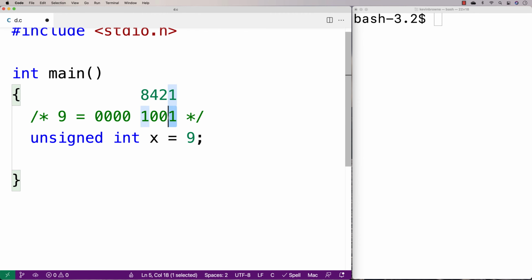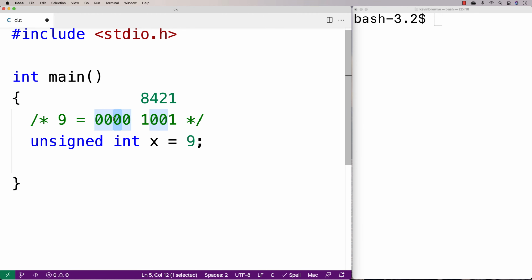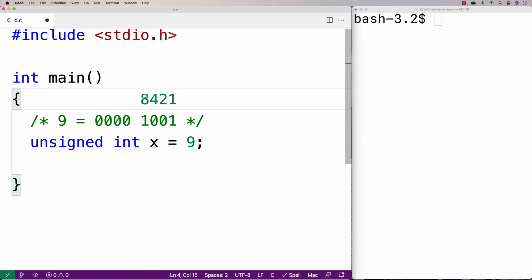And so each one of these digits in this number represents an increasing power of 2. And the way that 9 gets represented is we have the 2 to the power of 3 digit turned on, which is worth 8, and the 2 to the power of 0 digit turned on, which is worth 1, and 8 added together with 1 gives us 9. So that's how 9 is represented with bits.